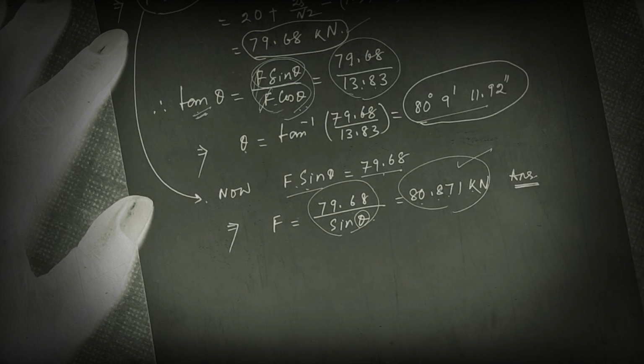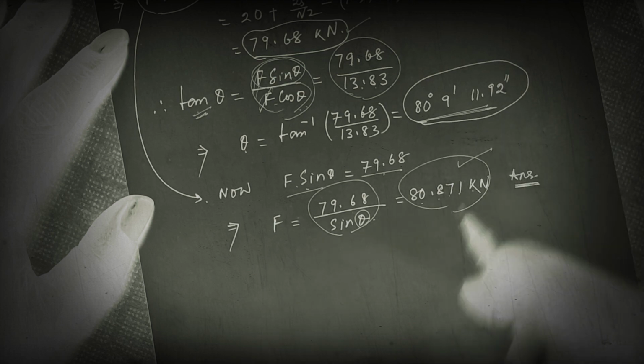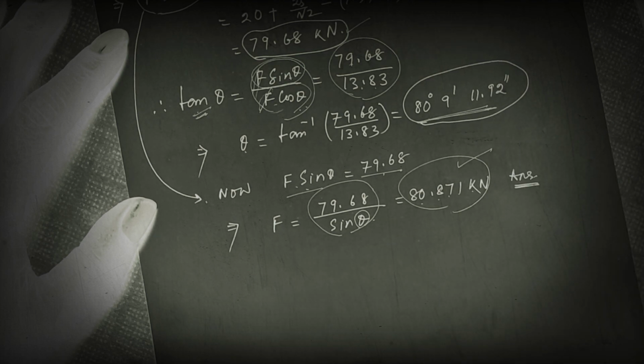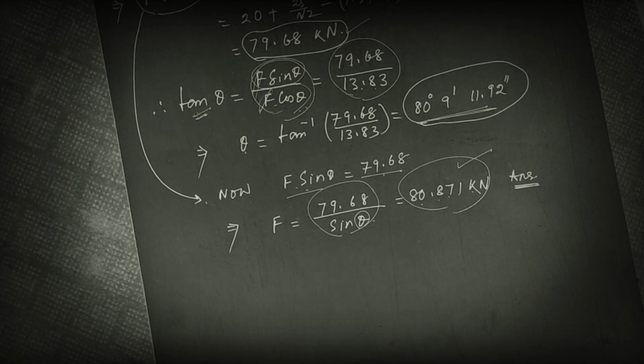So this force, which when added at this angle with the positive x direction, that is in the first quadrant, will keep the system of those 7 forces in equilibrium. So this is the extra force. This is to be added to the system of 7 forces to keep it in equilibrium.